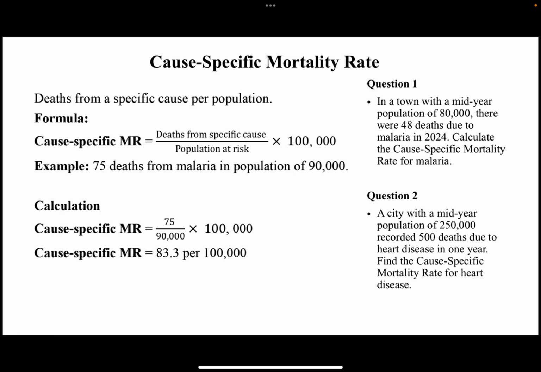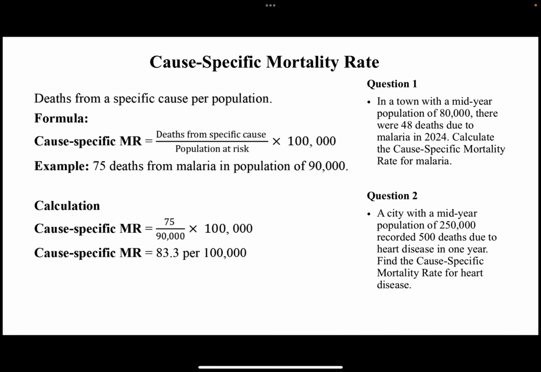Okay, let's do an example. There are 75 deaths from malaria in a population of 90,000. Calculate the cause-specific mortality of malaria. Now, the formula states the deaths from that specific cause. What is the deaths from the specific cause?